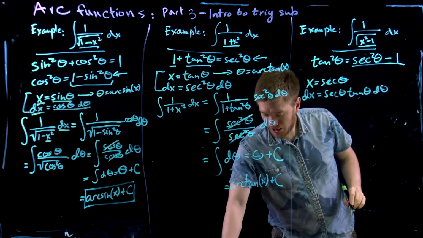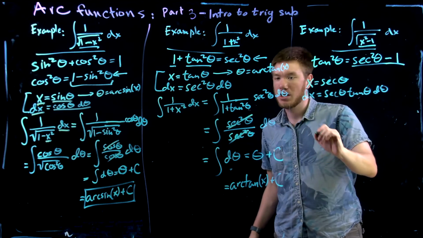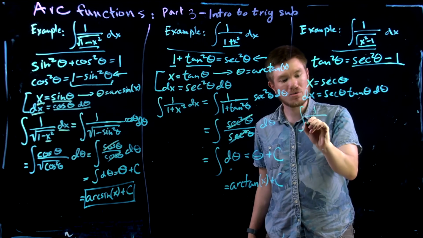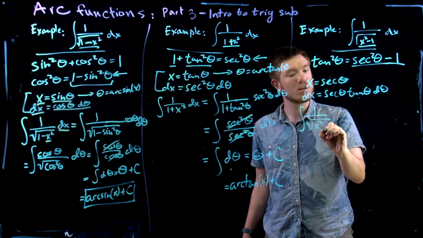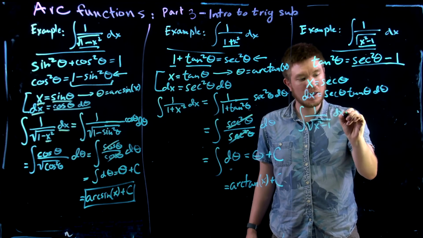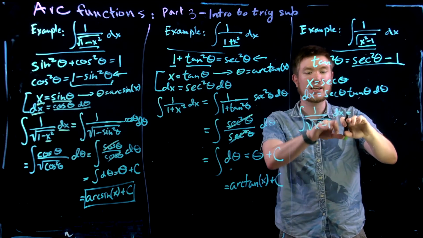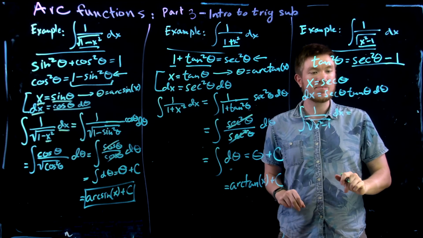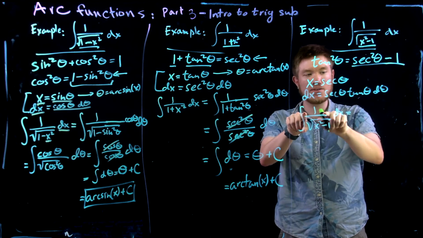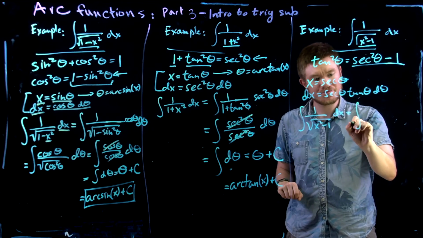So in this case, when we do our integral, we get the integral of 1 over square root x squared minus 1 dx, and we're going to substitute in for x and dx. For simplicity, I'll move the secant tangent theta up into the numerator, like what we did in the previous examples.